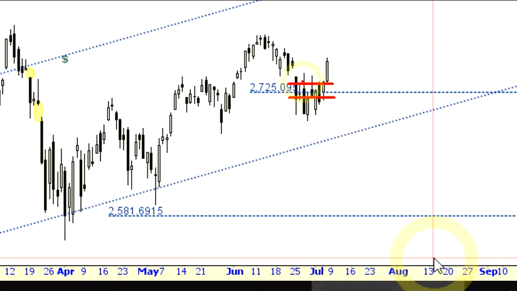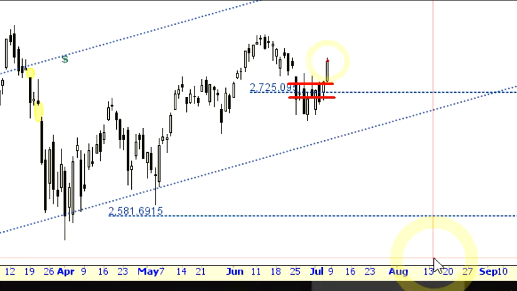There's a lot of corrective action. There's a structure here made up of a large triangle, and then a small triangle within the last part of the larger triangle, and then a breakout. And all this could, believe it or not, be an A, B, and then the last part here that ran up could be C.